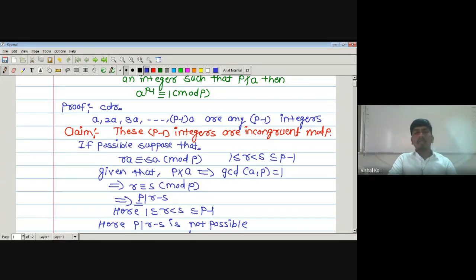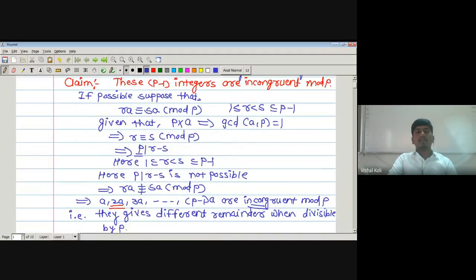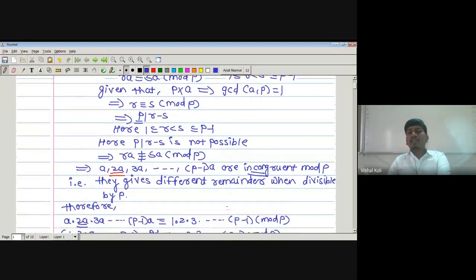If we take this supposition, then after some steps we get a wrong statement, that p divides r minus s, which is due to our wrong assumption that ra is congruent to sa modulo p. Hence ra is not congruent to sa modulo p, which is true for arbitrary integers r and s, that is any multiple of a. From this we conclude that these p minus 1 integers are incongruent modulo p, that is, they give different remainders when divided by p.